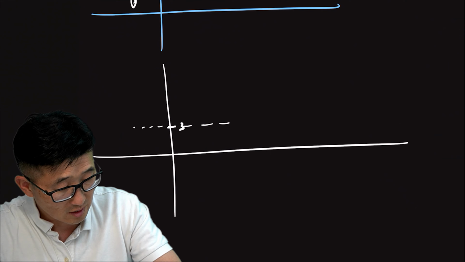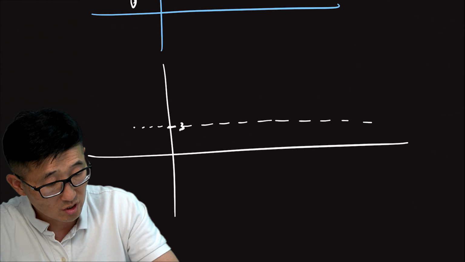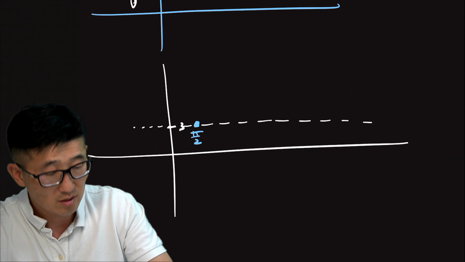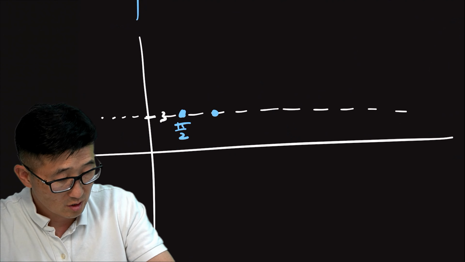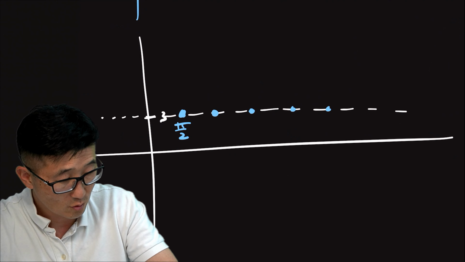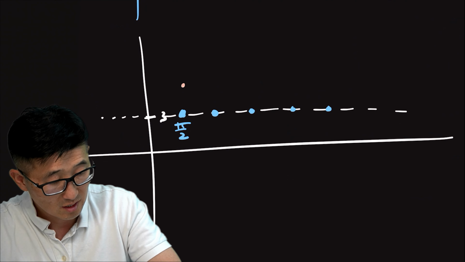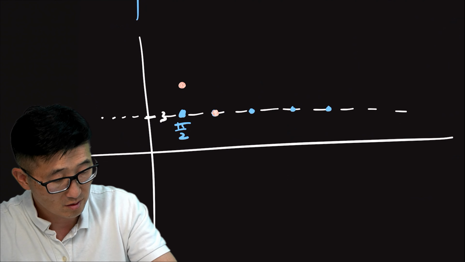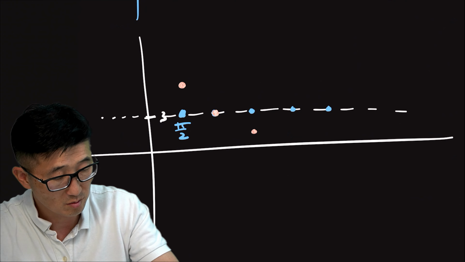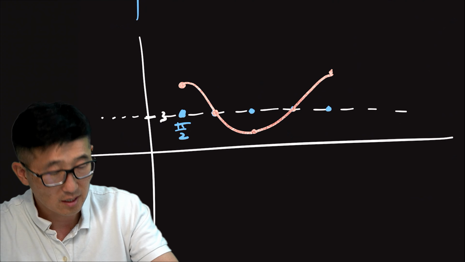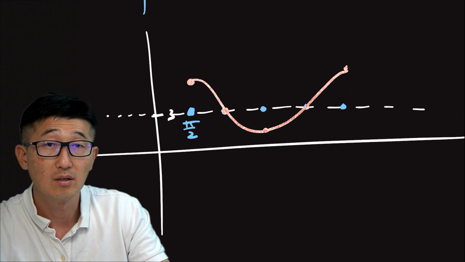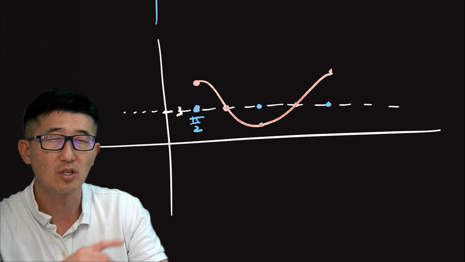And then we started it off at pi over 2. Yes. So 1, 2, 3, 4, and then I graphed it as top, middle, down, middle, top, like that.